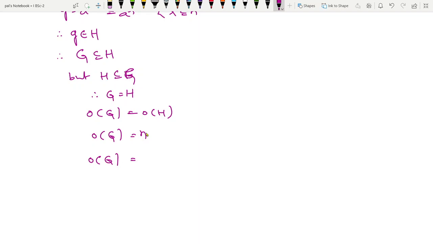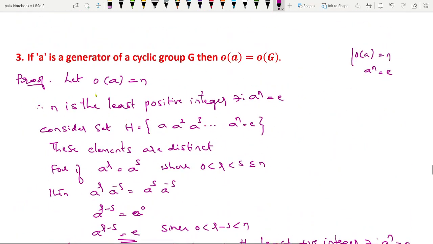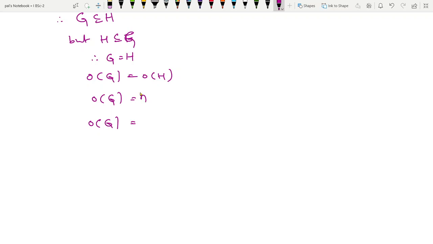And order of G is equal to, what is the order of an element A? Order of A is n. Initially we take that order of A is n. So here in place of n we can write order of A. This is because H contains n elements.